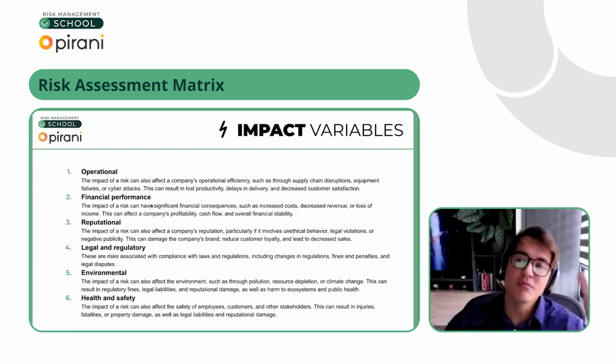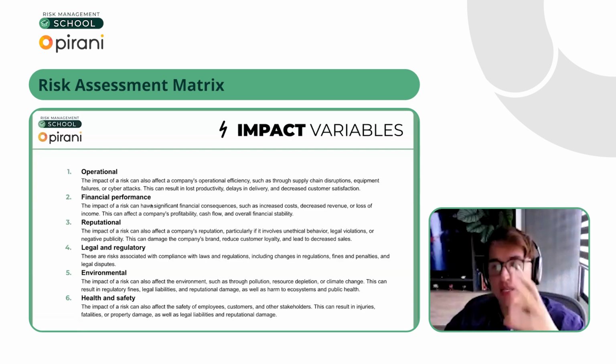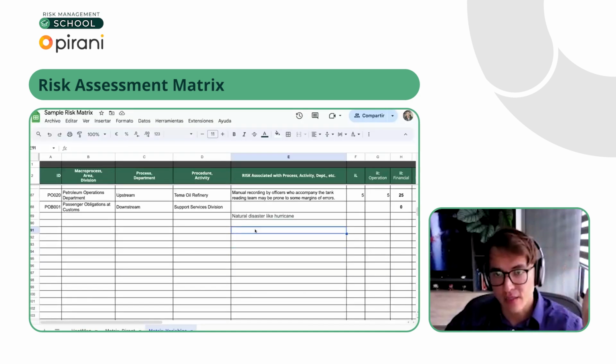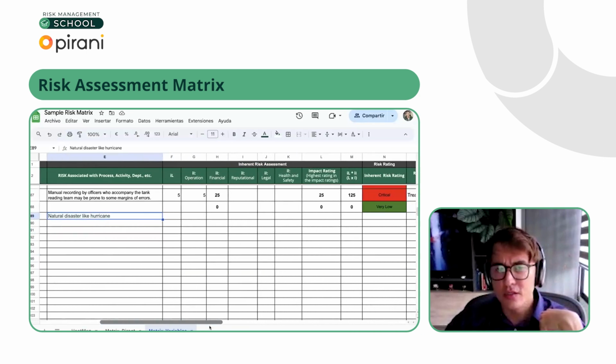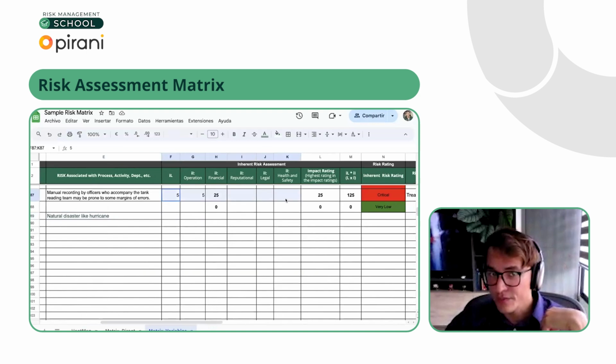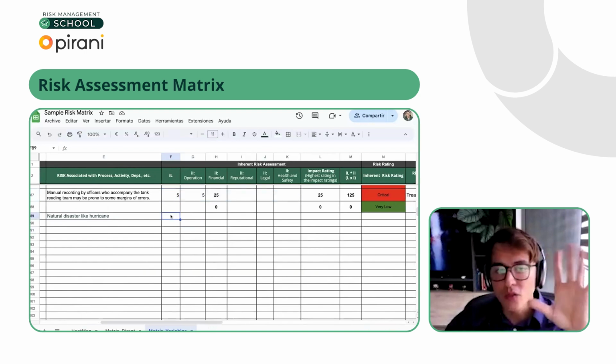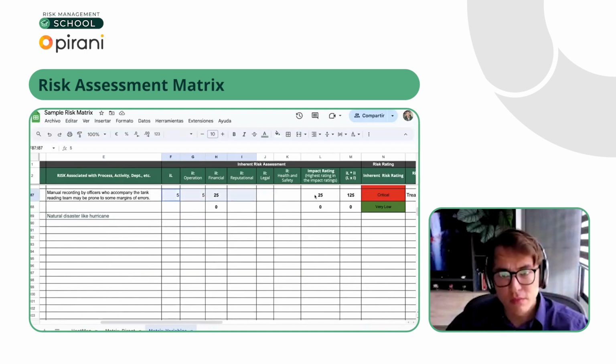So how can this be translated into a risk assessment matrix in a spreadsheet? We can do that. So for a natural disaster like a hurricane, we're going to have different variables. Maybe the likelihood will be 2, but what will be the impact on the operation?